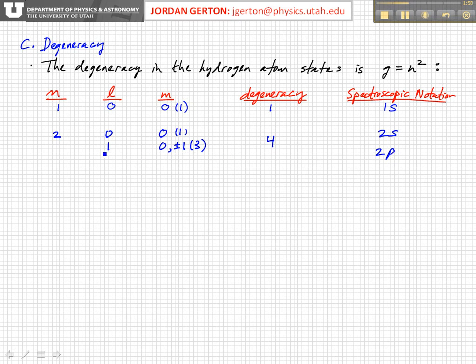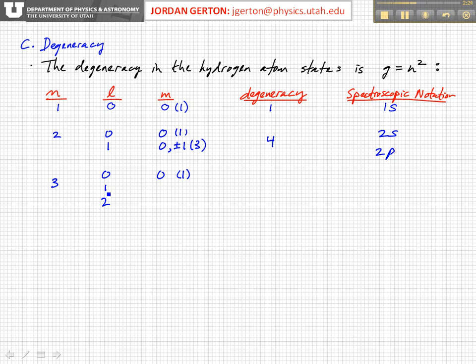or a 2p if L equals 1. Now if we go to n equals 3, then we can have L equals 0, 1, or 2. Again, L can go from 0 to n minus 1. For L equals 0, M can only be 0, so we have only one state there.